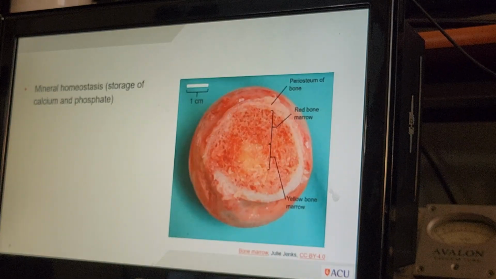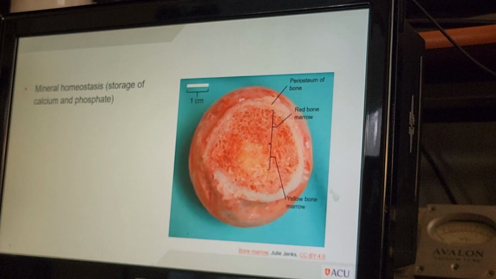Some more important functions of our skeletal system is storing minerals. In this picture, we can see a cut portion off the end of the head of the femur, showing various characteristics of the bone. Calcium phosphate is the major mineral that is stored within the bone.